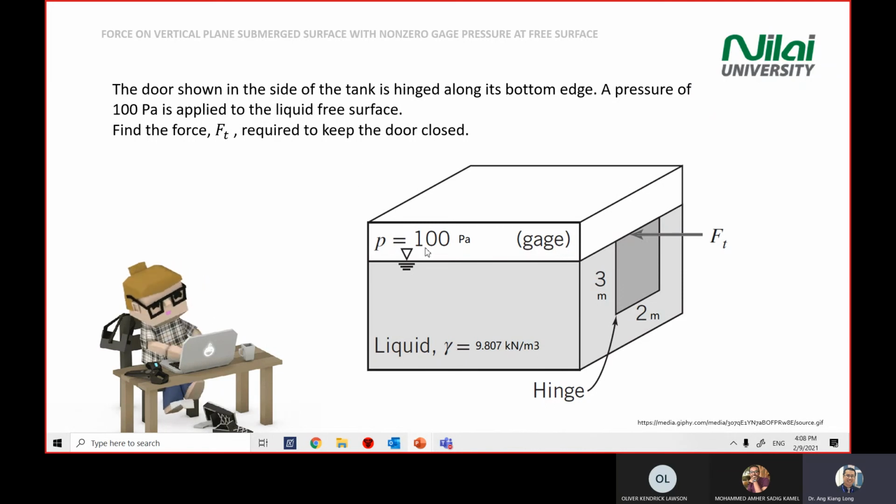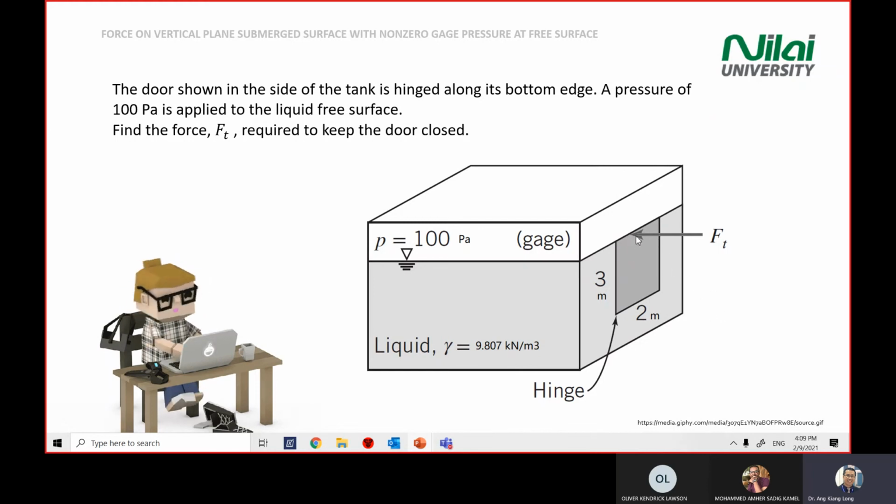Let's say we have a tank with a door, and the door size is 3 meters times 2 meters, and we have a hinge over here. The door on the side of the tank is hinged along its bottom edge, so the bottom edge is a hinge. When you hinge, the door will open like this.